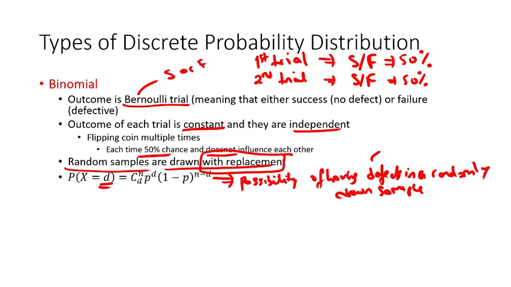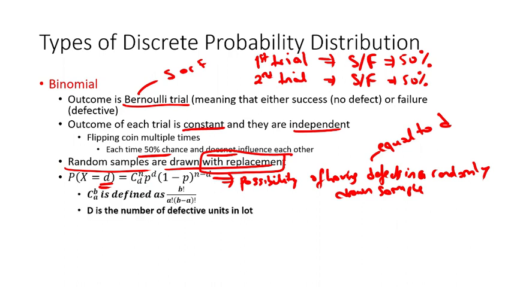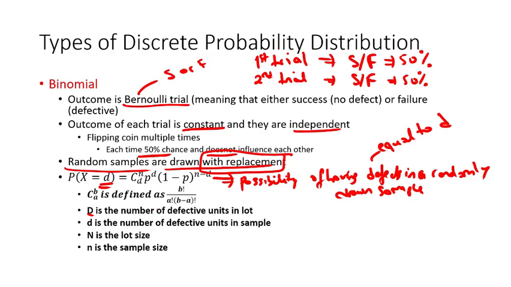So having defects equal to D. The possibility of having defects equal to D in a randomly drawn sample is the combination multiplied with the number of defects in lot, number of defects in sample, lot size, and the sample size.